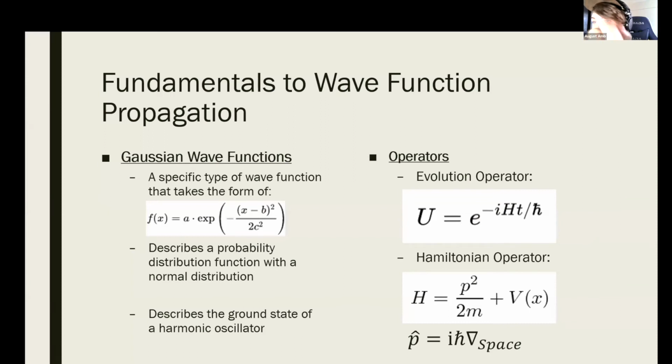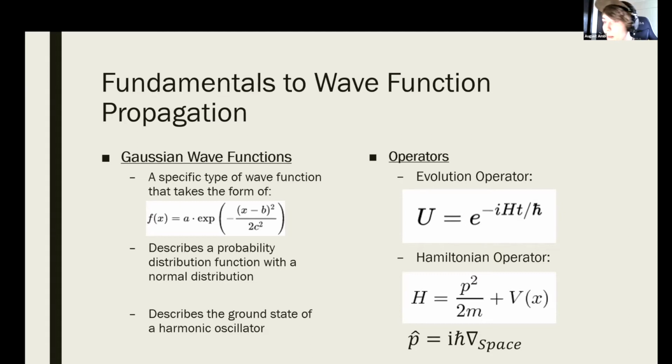So first, we're going to start out with Gaussian wave functions. It's basically a certain type of wave function that takes the form of a times the exponential of negative (x minus b) squared over 2c squared. Now, the more rigorous formulation of this has a lot to do with statistics, but this is a more general form of that expression.